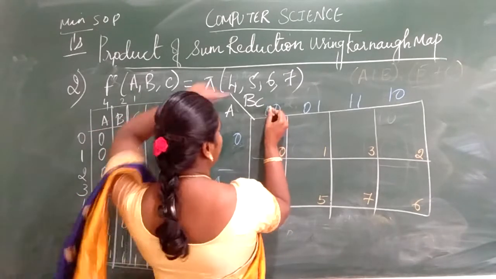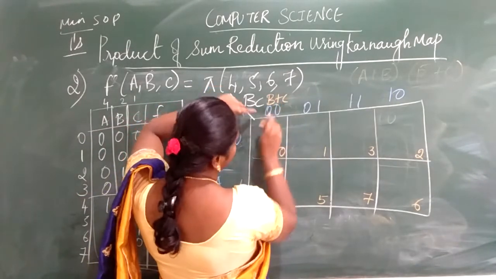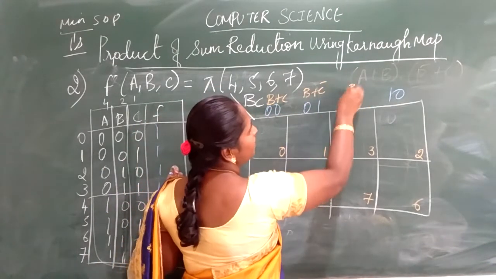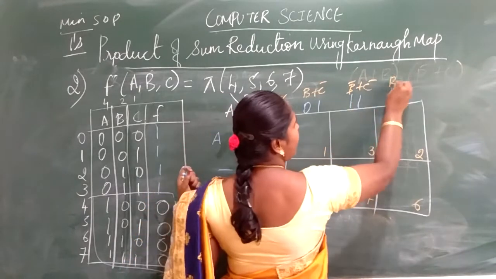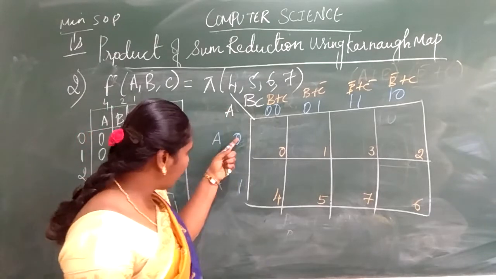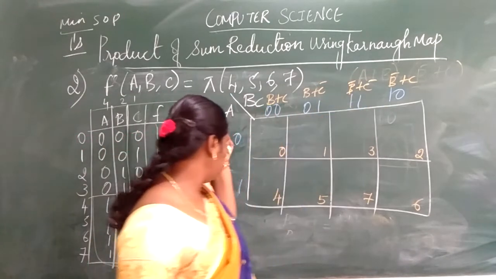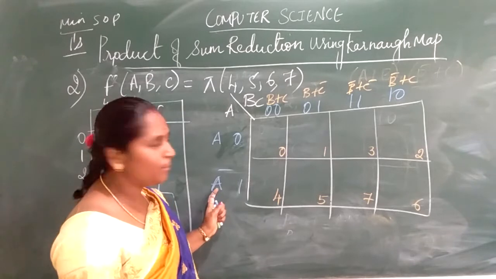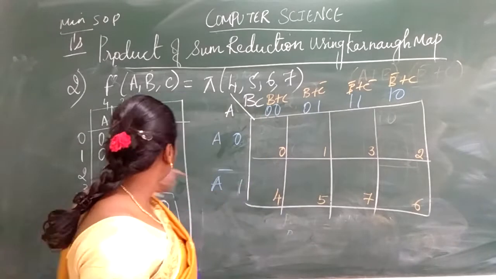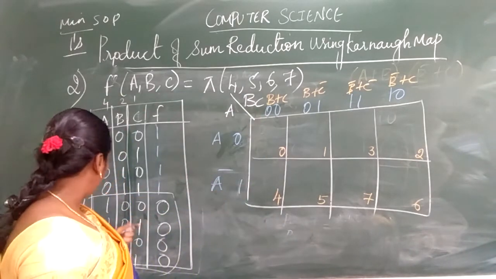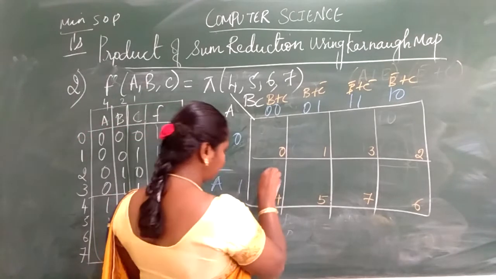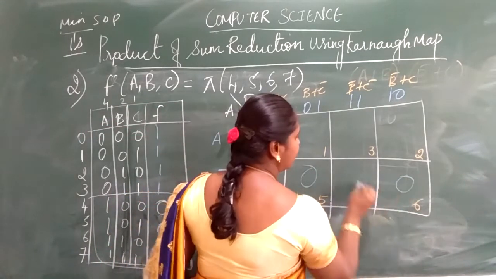Here B is 0 means as it is without complement: B plus C bar, B bar plus C bar, B bar plus C. So after representing your binary values, your gray codes and your variables with or without complement, your subscripts, that is the addressing of your max terms, you enter your output which has zeros: M4, M5, M6, M7.